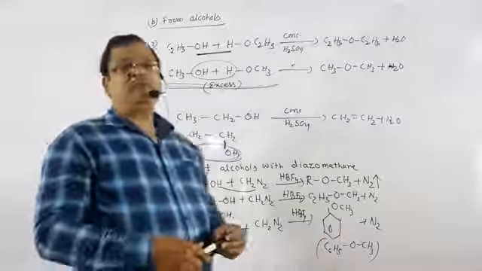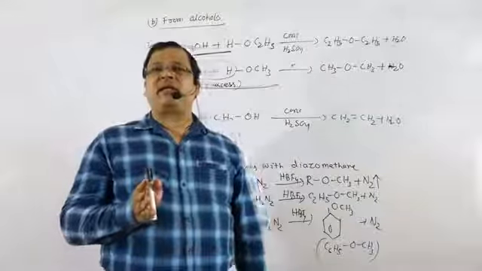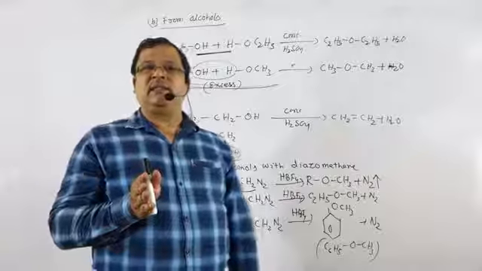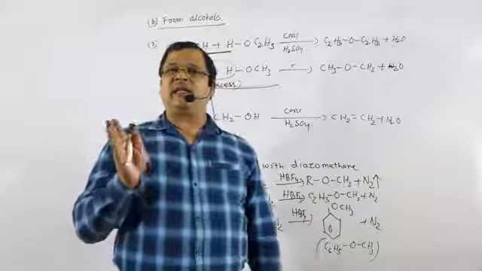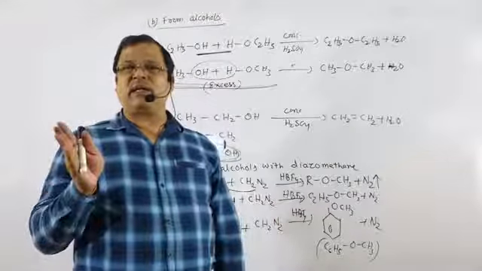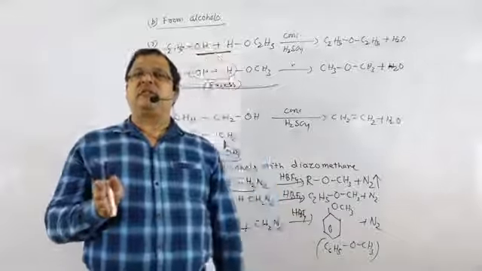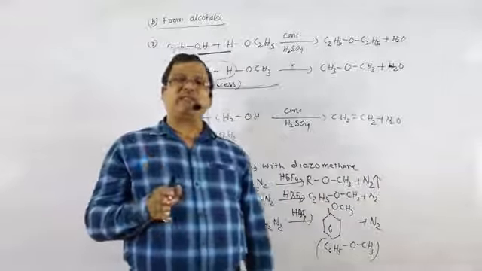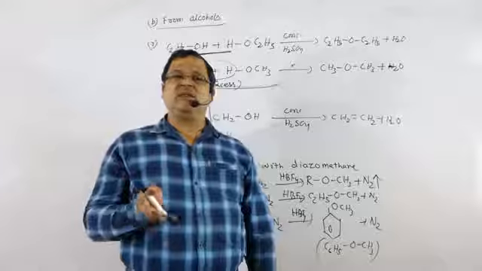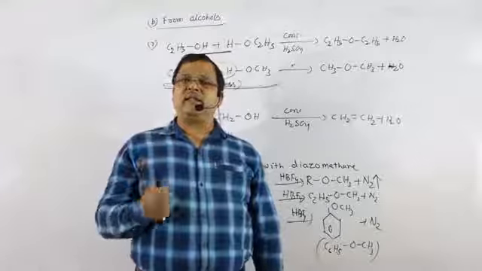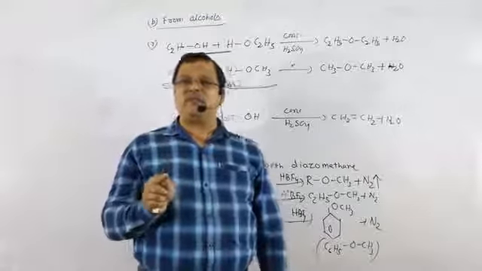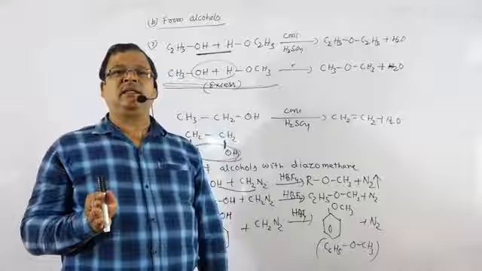So these are the different methods for the preparation of ether. Basically, ethers are prepared from alkyl halides treated with dry Ag2O, or alkyl halides treated with sodium alkoxides or sodium phenoxides, and that reaction is known as Williamson's ether synthesis.